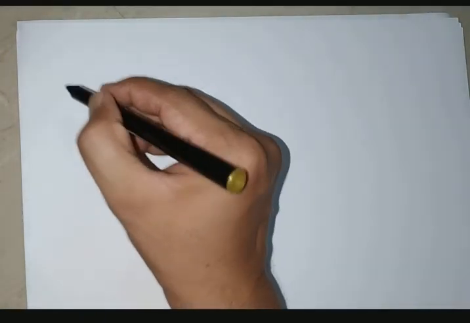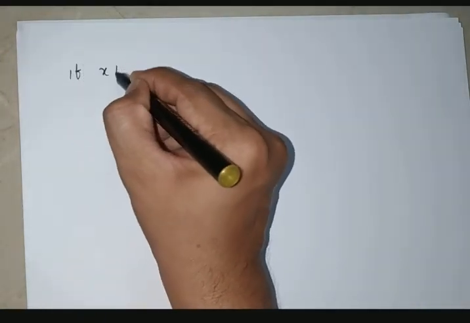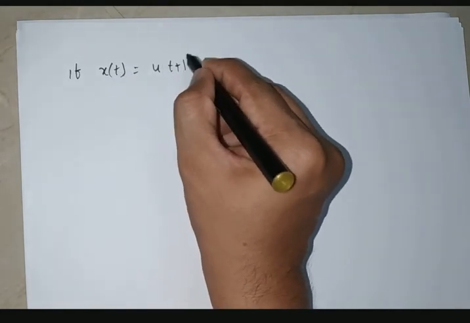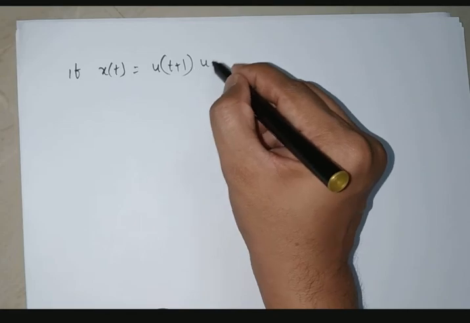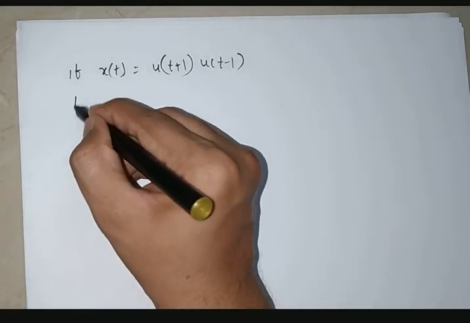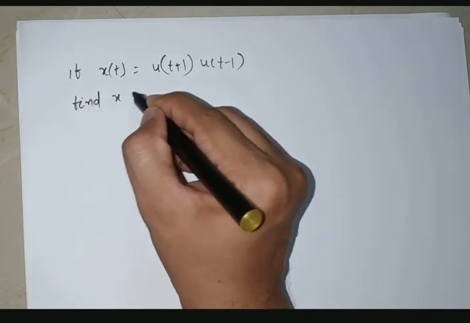If someone asks, if x of t equals u of t plus 1 multiplied by u of t minus 1, then find x of 2.